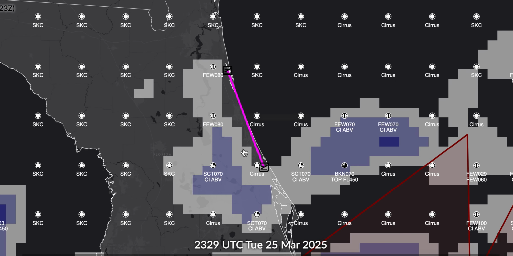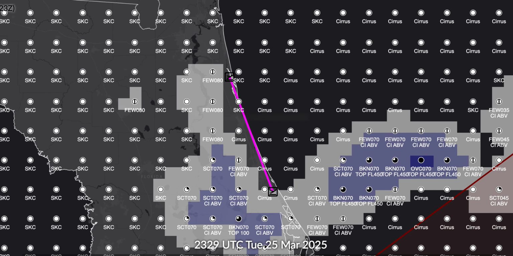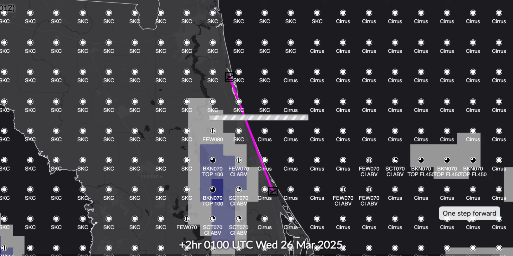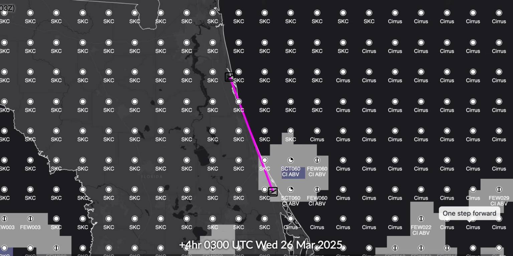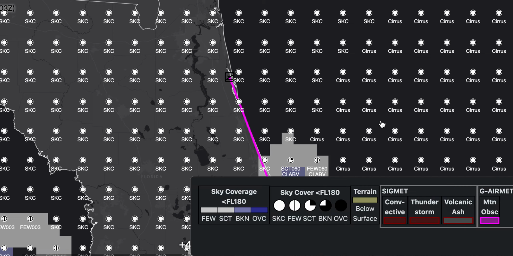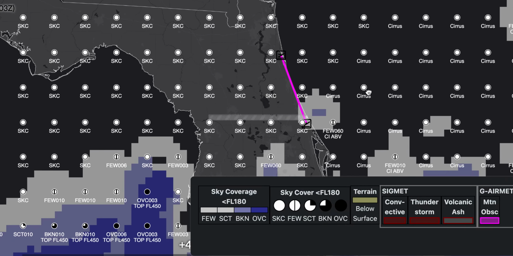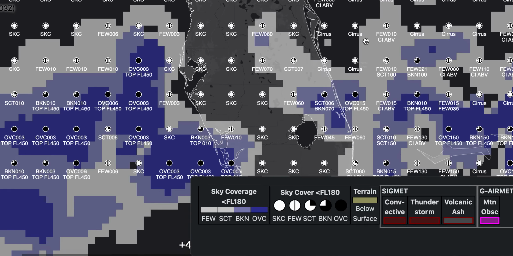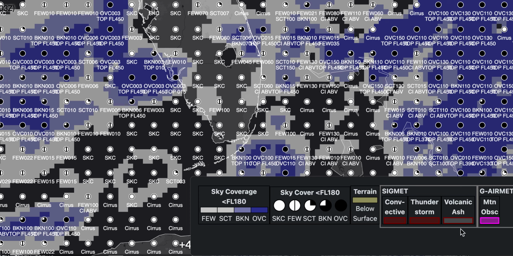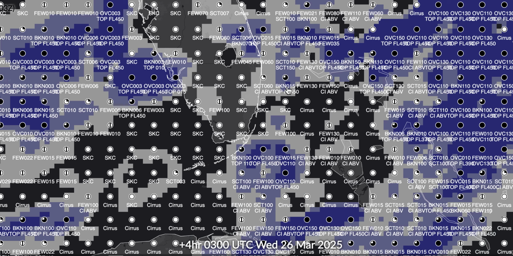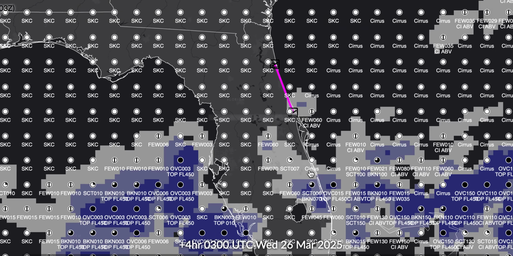So looking pretty good. The weather is promising here. Just Cirrus, pretty much Cirrus. And then we'll get to some of the SIGMETs and stuff here in a second. But yeah, this looks pretty good for our area.